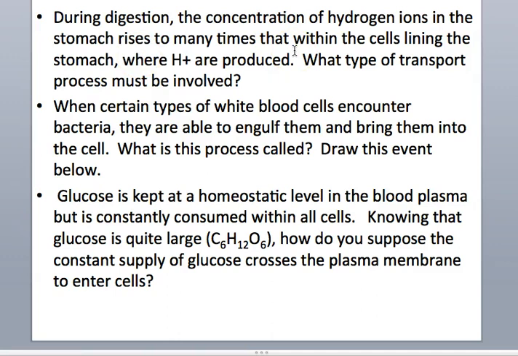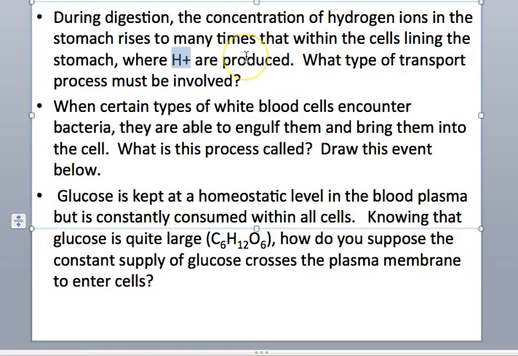The cells create a whole bunch of hydrogen and then push it out into the stomach. We have a small polar molecule. It is probably either facilitated diffusion or just plain diffusion. I would guess facilitated to be safe because it is a charged particle. Sometimes really small molecules like hydrogen can pass straight through the membrane, but to be safe, facilitated diffusion is a good answer.